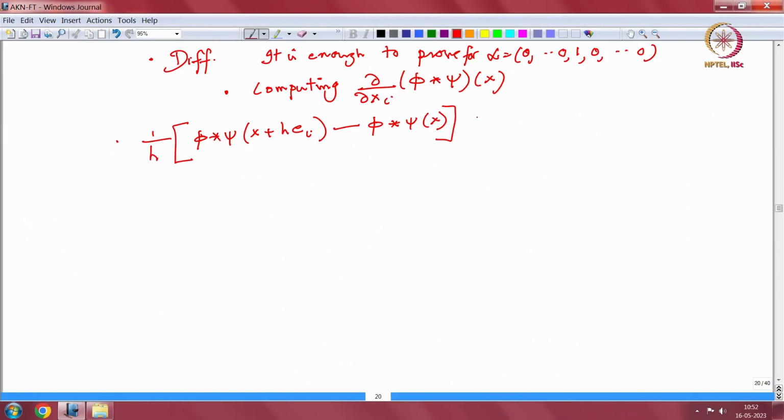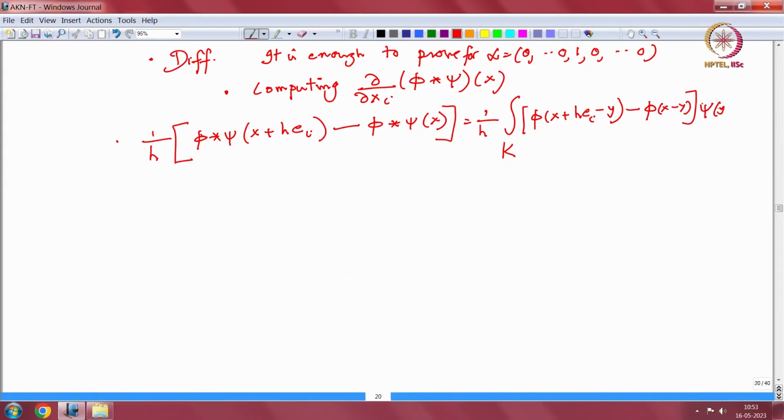This is again equal to 1 over h integral over k of phi of x plus h e i minus y minus phi of x minus y, times psi of y dy.